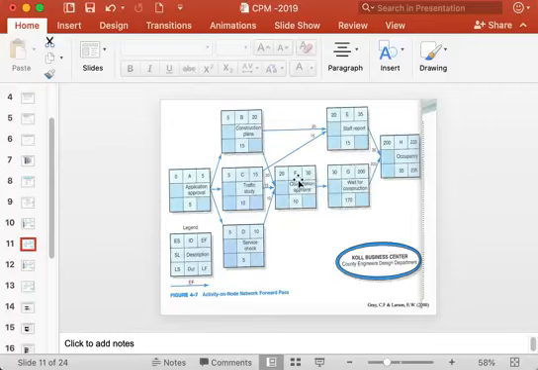Okay, similarly F cannot start before all these three activities B, C and D are finished. So that means activity F will have to wait for that activity which has the longest duration to complete. Then only activity F can start. So that is why earliest start time for F here is 20 time units, because B is taking the longest time, 20 time units, C is taking 15 time units, D is taking 10 time units.